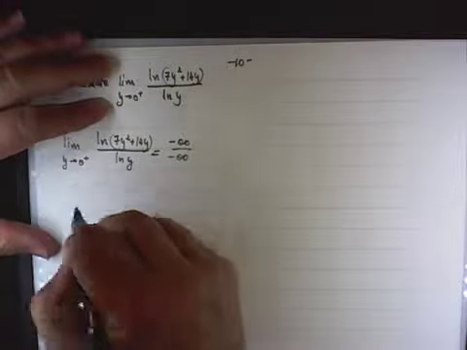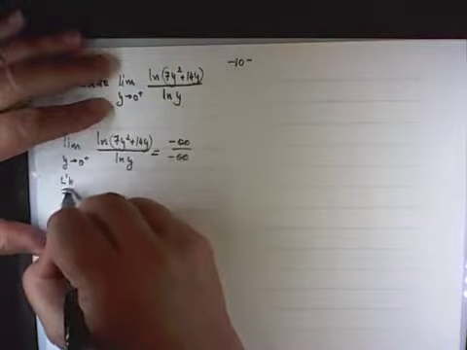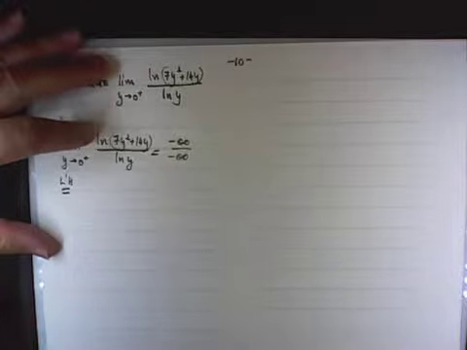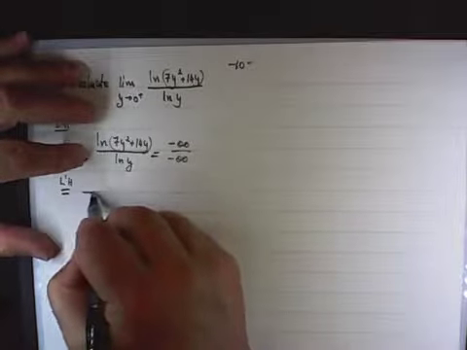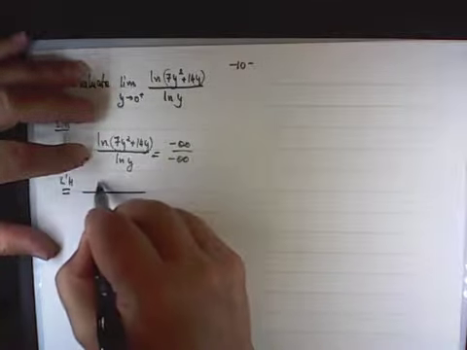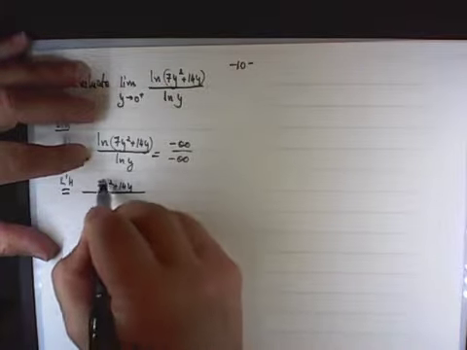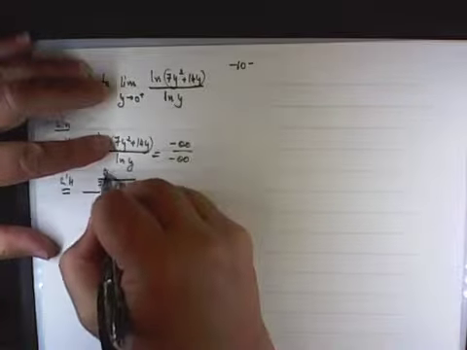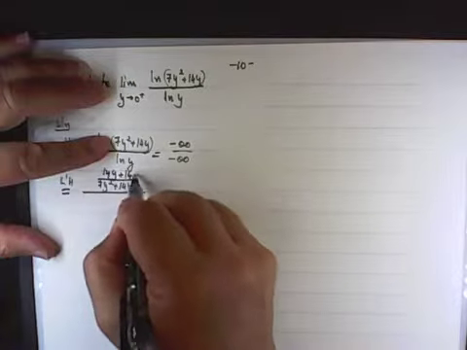All right, so let's see it. So here's the notation. Please use this notation in the test: L apostrophe H. And now we take the derivative of the numerator. It will be 1 over 7y squared plus 14y, multiplied by the derivative of 7y squared plus 14y, which is 14y plus 14.